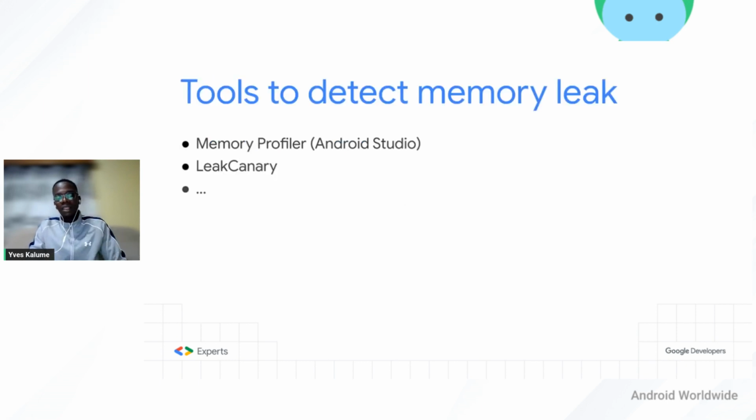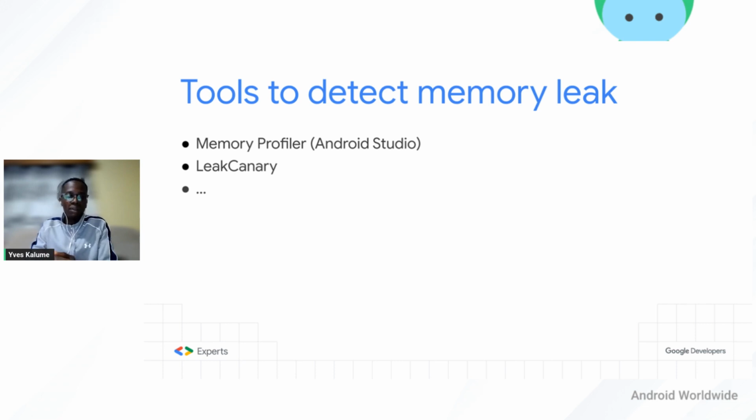And memory leaks can be silent. This makes them very difficult to detect in our application, but fortunately there are helpful tools to detect memory leaks, such as the memory profiler from Android Studio. You already have a performance profiler for our application.